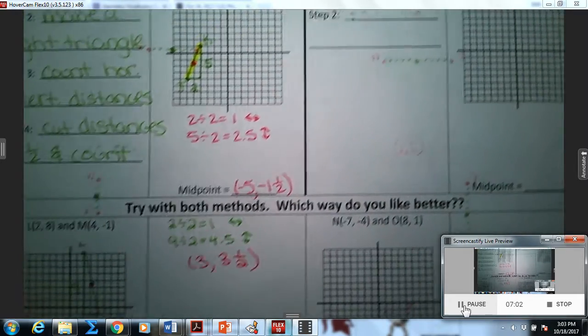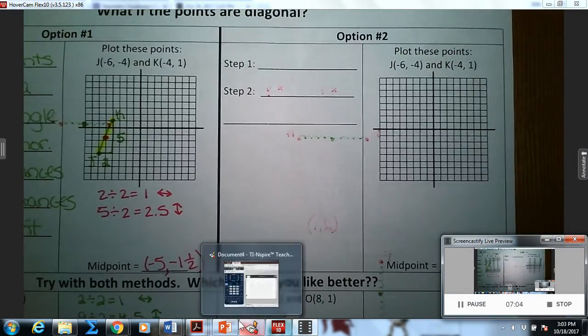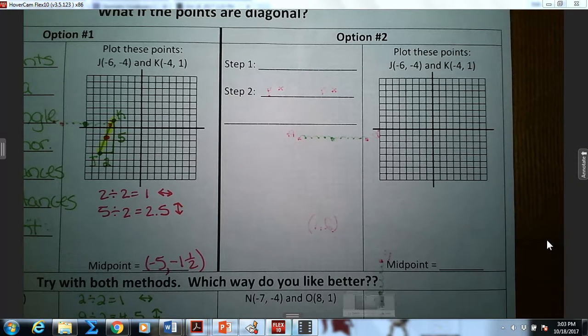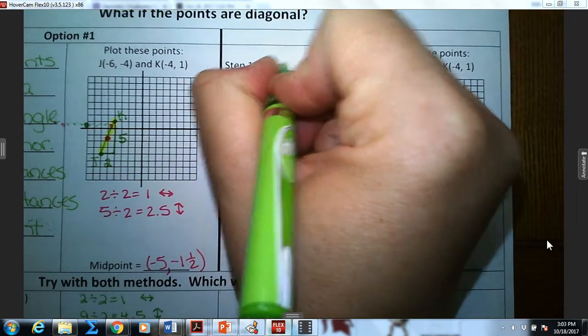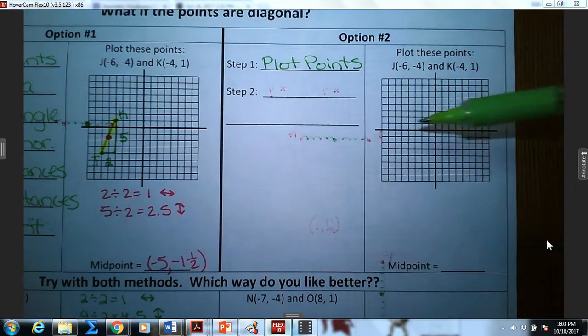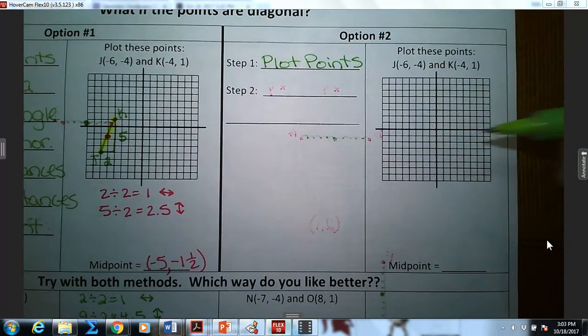Okay, option 2 uses something called the midpoint formula. We're going to use a visual again. So we're going to start by plotting points. Always plotting points so we can see what we're working on. This is again the same example problem as we've already done.